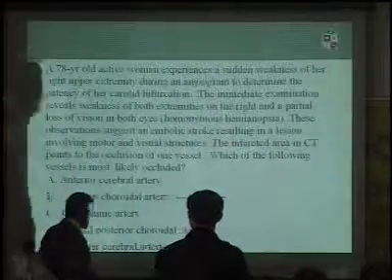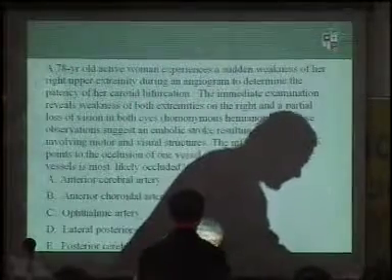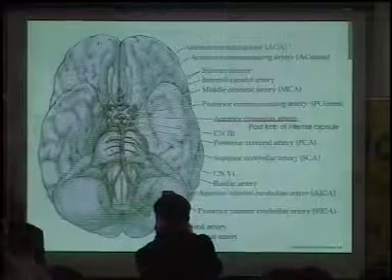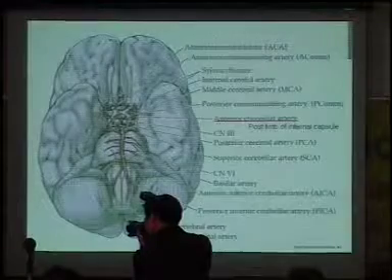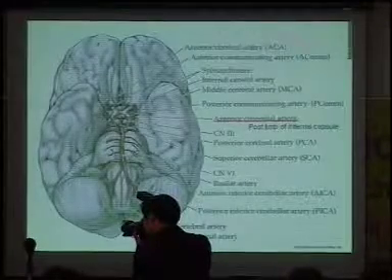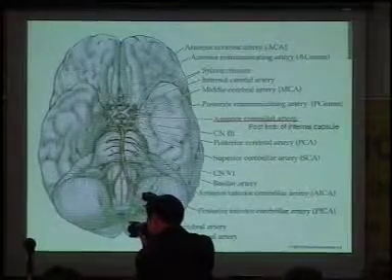The answer is the anterior choroidal artery. I guess most people don't study where the anterior choroidal artery is, but it's one of the first arteries that comes off the internal carotid artery.